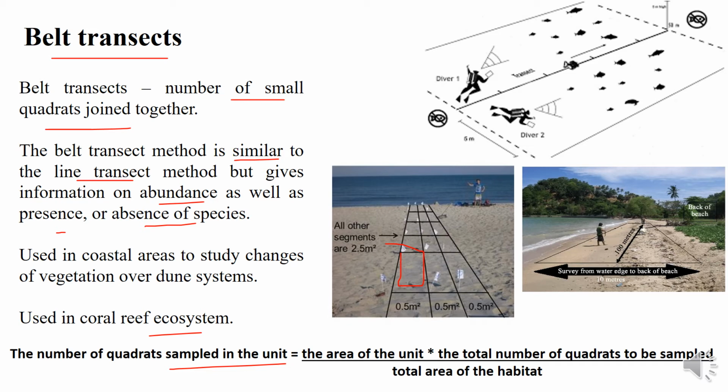This is equal to the total area of the unit, so the whole area means the total area of your measurement, into the total number of quadrats to be sampled, what you want to sample next, by the total area of the habitat. So this is a very simple equation. You can also estimate the number of quadrats in the unit.